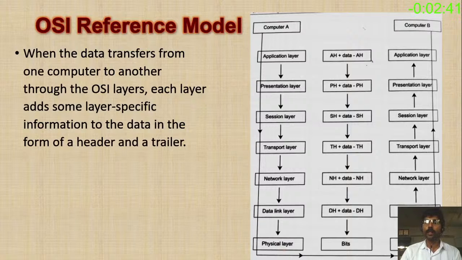At the destination, the physical layer receives the same signals and converts them back into data. Then the data is given to the data link layer, where it removes the header and trailer provided by the source data link layer. In a similar way, it is given to the network layer.